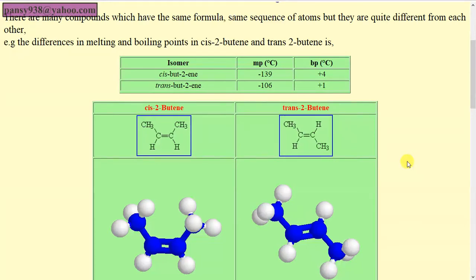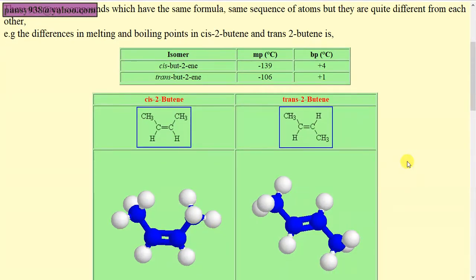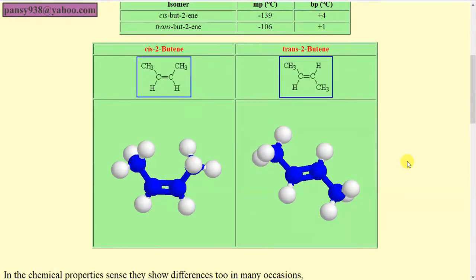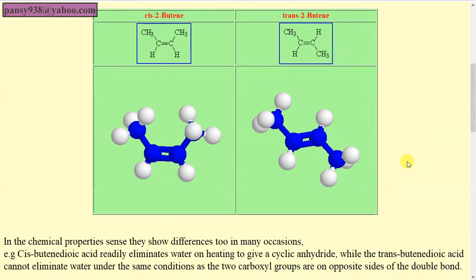And we expect a difference in their physical characters because all the atoms in both of the isomers are arranged differently in space. You can see the two-dimensional and three-dimensional structures of both molecules on your screen.